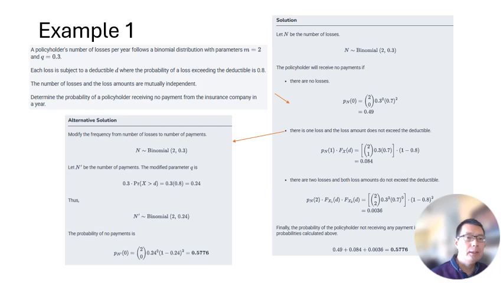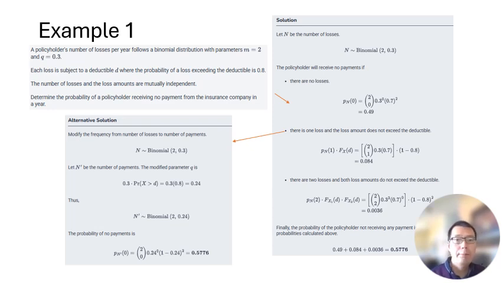Determine the probability of a policyholder receiving no payment from the insurance company in a year. First, we are going to just use the regular way we do it to solve the problem. And then we are going to use the alternative solution, what we just learned earlier, the theory of applying the V to the parameter.